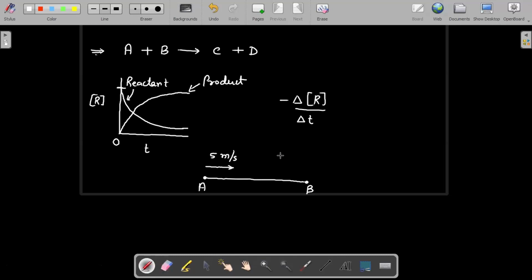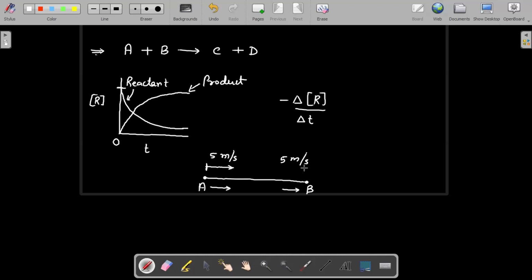So what is the difference here? From point A, the object is going away from A. And with respect to B, the object is coming towards B. This is what we indicate with this minus sign here. So the speed is the same. An object is moving away with 5 meter per second speed from point A, but the other way around, I can say the object is approaching towards B with the speed of 5 meter per second.